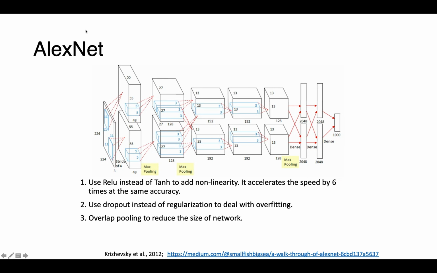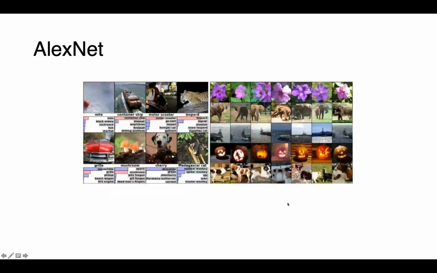So this is the structure of AlexNet. You can find more detail if you Google AlexNet, or you can start by reading the article here. I have a link here. ImageNet is about recognizing the label of the object in the picture. Here, the top four are the correct examples.